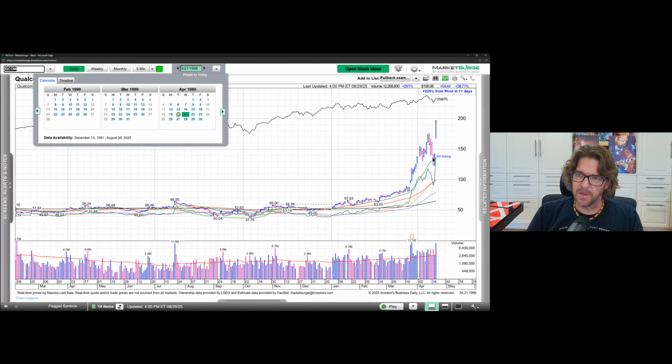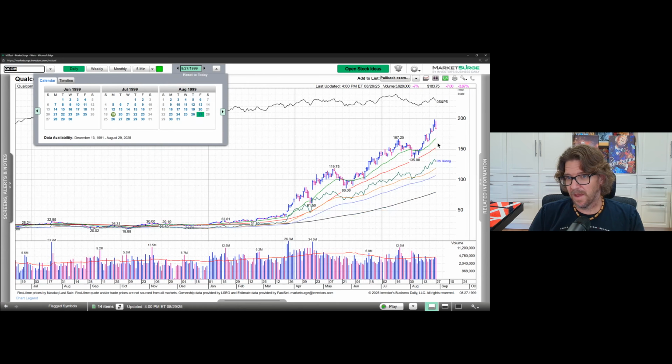And of course, you would have wanted to buy it there as it was getting support in and around its 21 day and through its 21 day, with the low of that day as your line in the sand. You don't know that it's going to gap up, but then on that gap up, you're just adding to it. But it does come back in and kind of test that area. There's your gap up, and it tests it a month later. So it wasn't as easy as it looks, because if you bought up there, you're underwater.